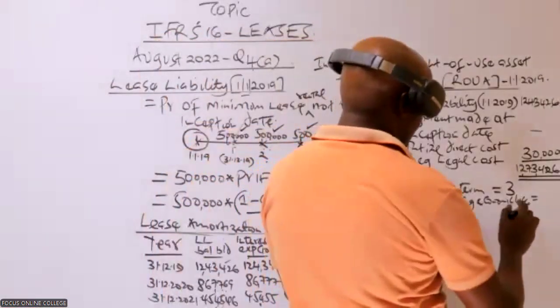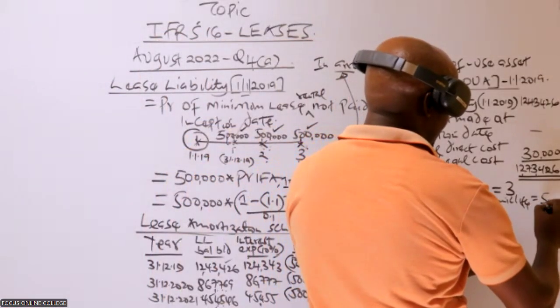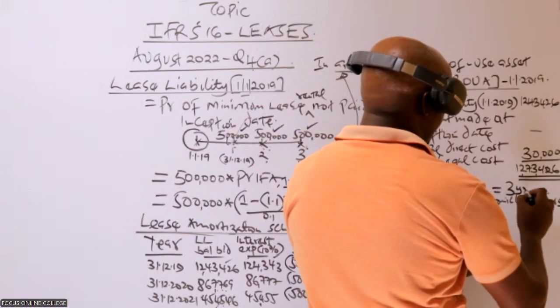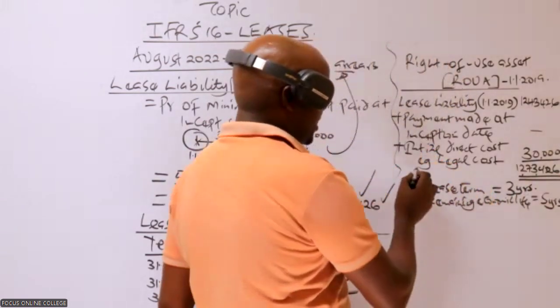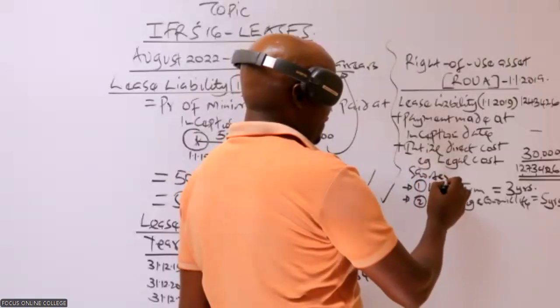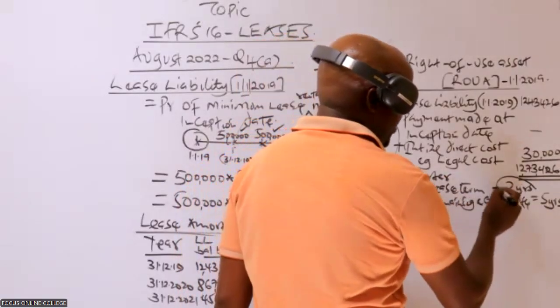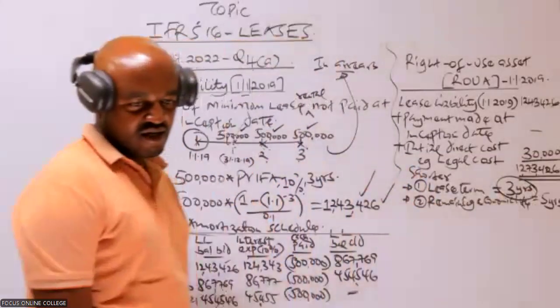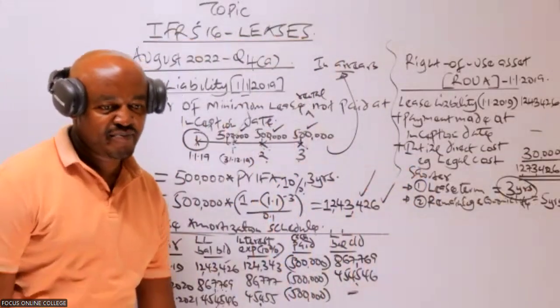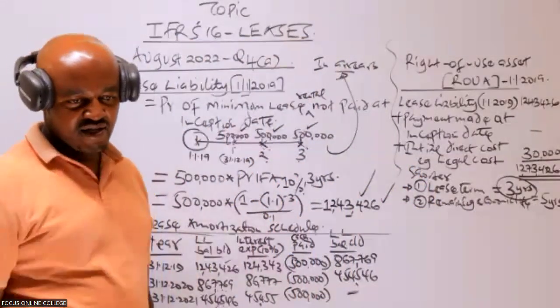So the remaining economic life of the asset is 5 years, the lease term is 3 years. So we take the period which is shorter, which in our case will be 3 years.